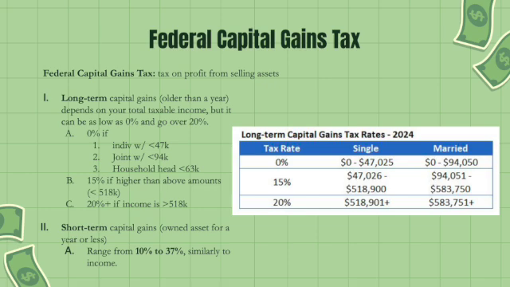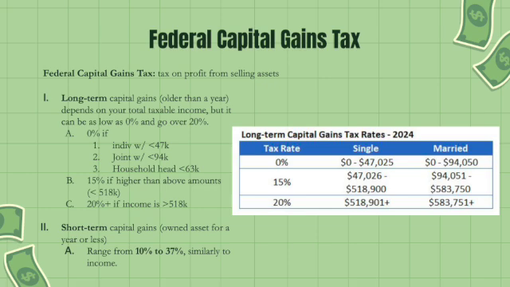So the brackets for this are different. It varies for both of them. In California, they're both taxed underneath your income. It is grouped together. You only get 0% on long-term if you're an individual with less than 47K, or if you're filing jointly with somebody, as if you're married, with less than 94K, or if you're a head of household with less than 63K.